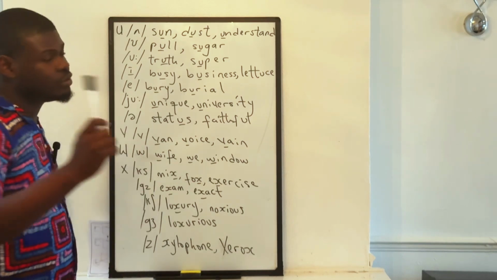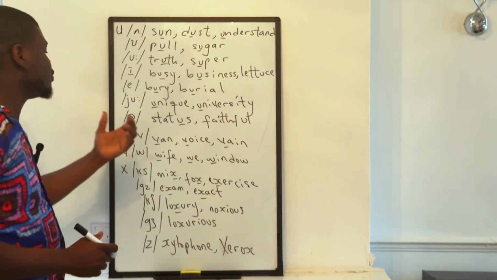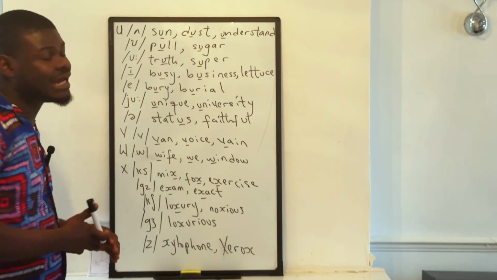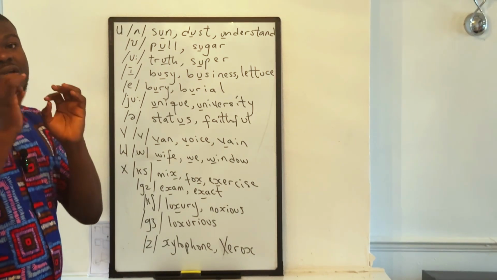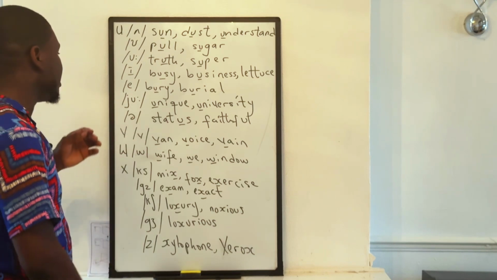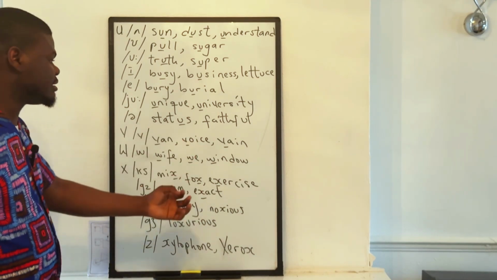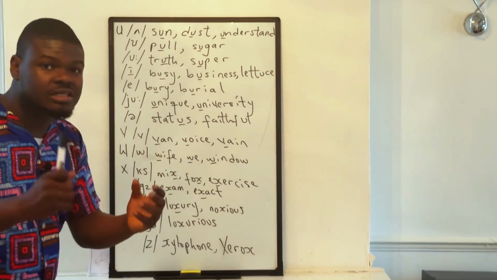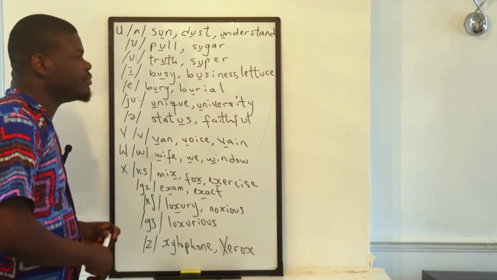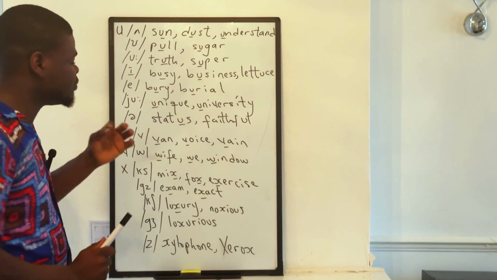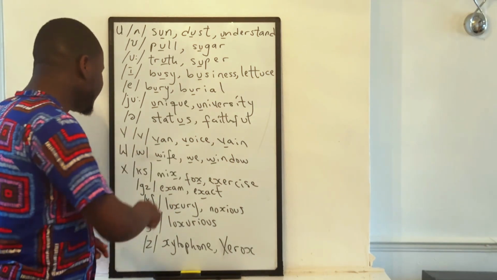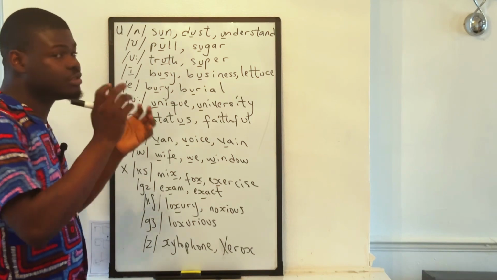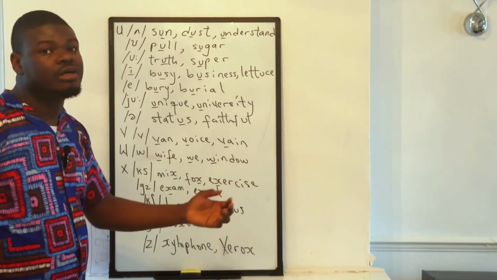vain. Letter W gives us just the w sound, as in wife, we, window, woman, etc. Letter X gives us the sound x, as in mix, fox, exercise. It can also give us gz, as in exam. Take note of the word exam, it's pronounced exam. Exact. It can also give us the k and sh together, that's ksh, as in luxury.